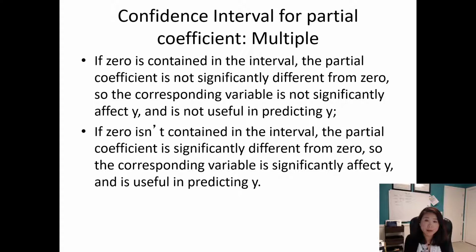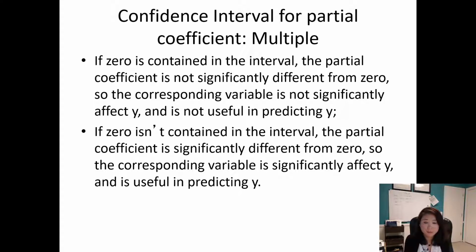If you think about the method we're using, you should remember that we are looking at whether this interval includes 0. If 0 is included, that means we have confidence to believe that beta can be 0. If 0 is not inside this interval, that means we have confidence to believe this parameter cannot be 0.